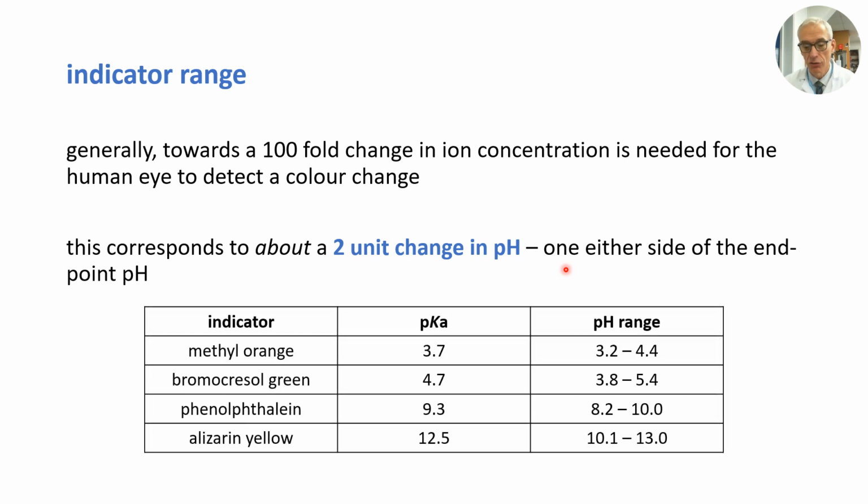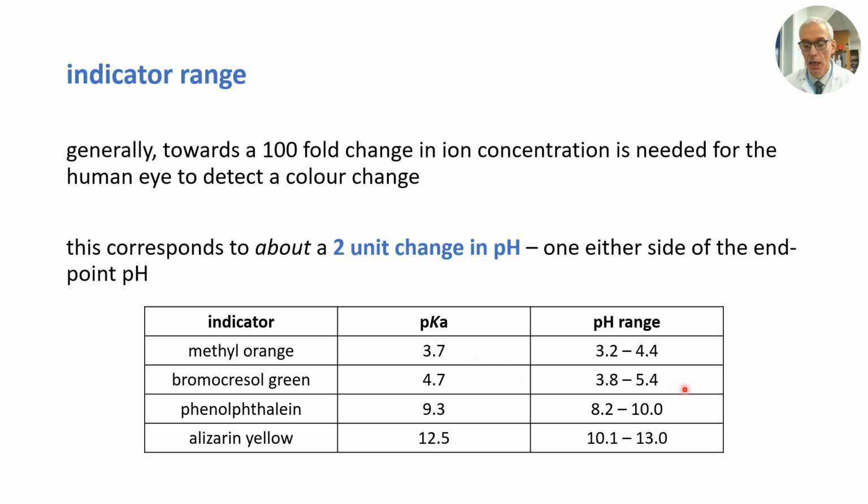So the indicator range, if we look at some examples, say for methyl orange, which has a pKa of 3.7, in other words, the pH of the endpoint is 3.7, the pH range is found to be 3.2 to 4.4. Approximately, at A level we will say approximately 1 pH unit either side of the pKa or pH at endpoint value.